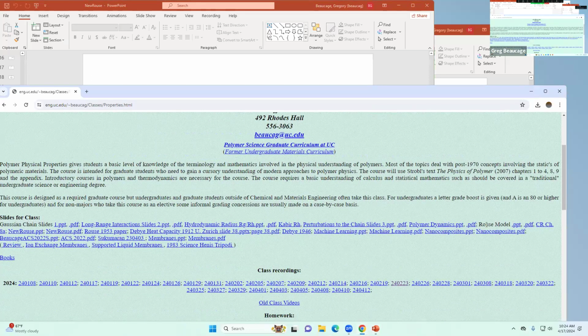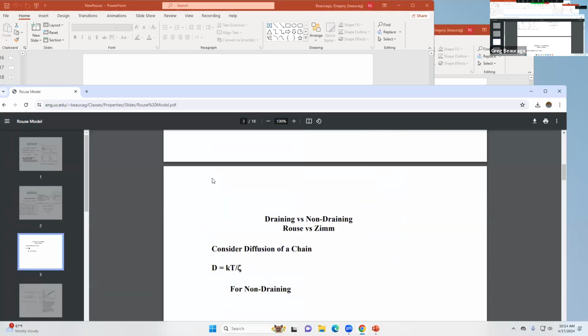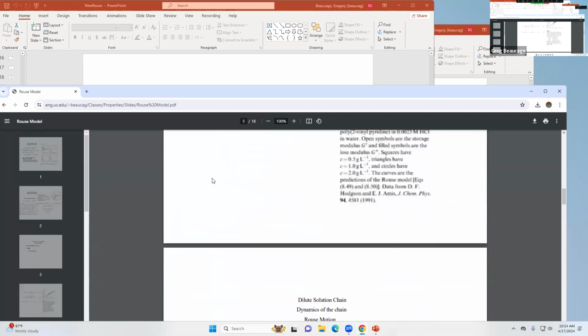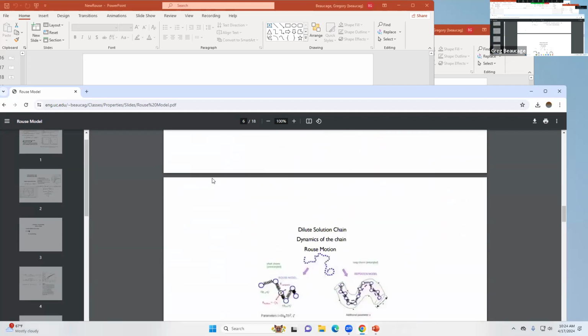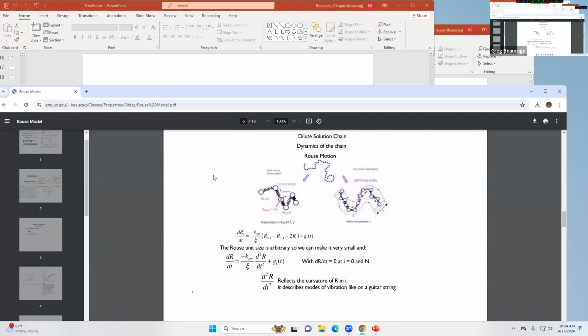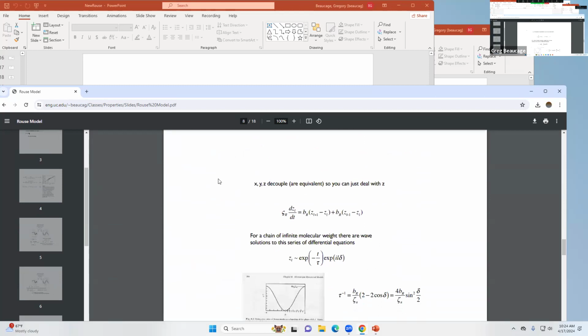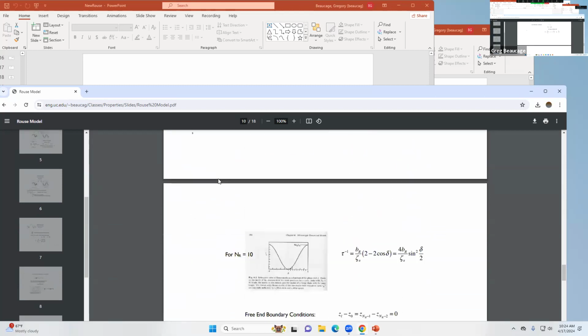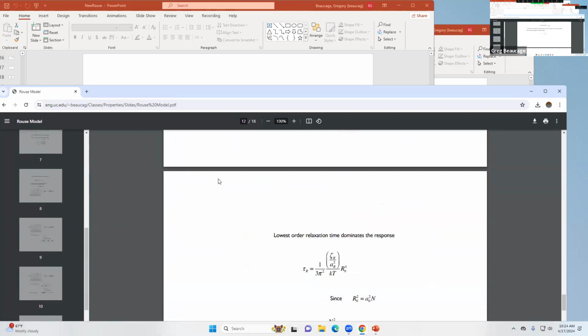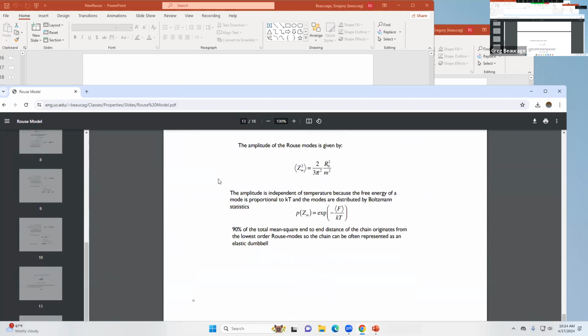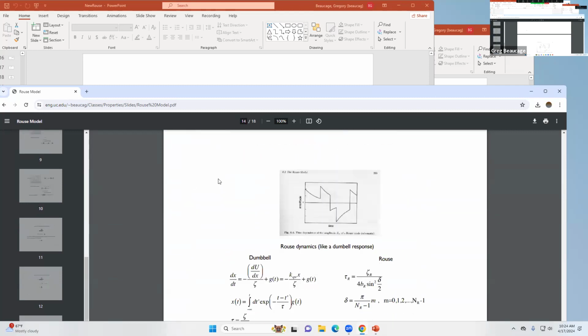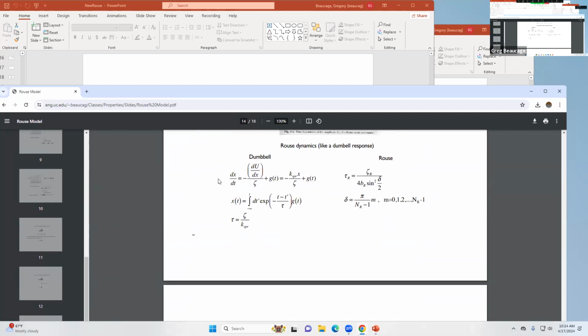The first thing this says is the Rouse model. There's a lot to this, and I'm not sure how much of it is of use to you, so it's a little bit like sifting through it. There's a slide here that compares reptation and Rouse, and dumbbell and Rouse.